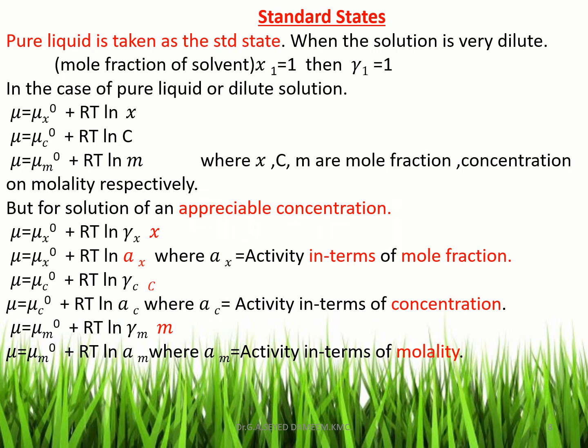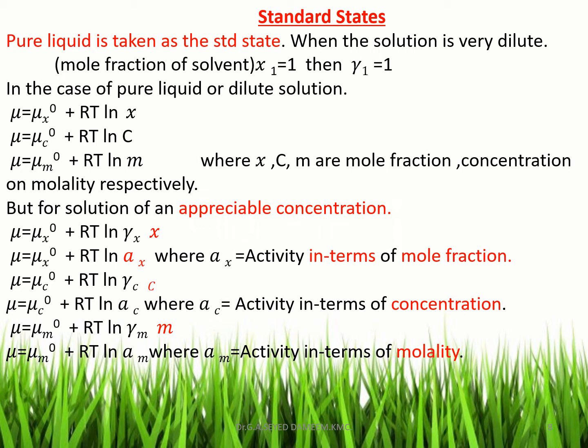Now the activity is related to the activity coefficient by the formula A is equal to gamma into x in the case of mole fraction, and A is equal to gamma c into c, and A is equal to gamma m into m.